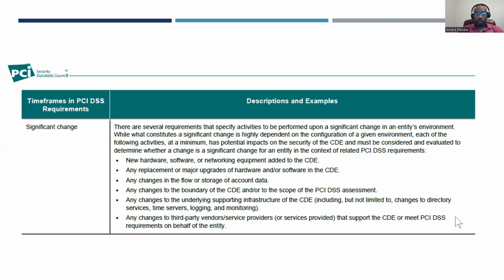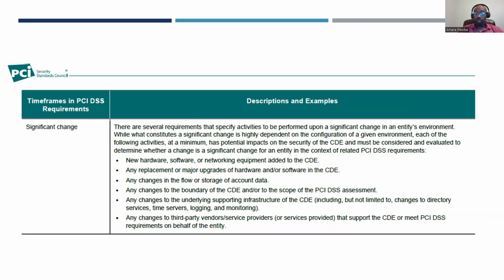Now, this is very, very important: when you hear significant change. What does PCI consider a significant change? When a new hardware, software, network device, or equipment is added to the CDE, that's considered a significant change. Any replacement or major upgrade to the hardware or software within the CDE is a significant change.